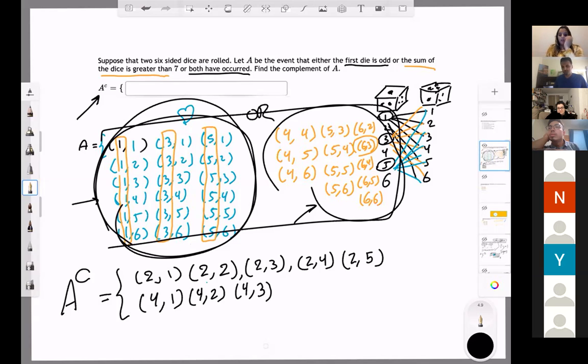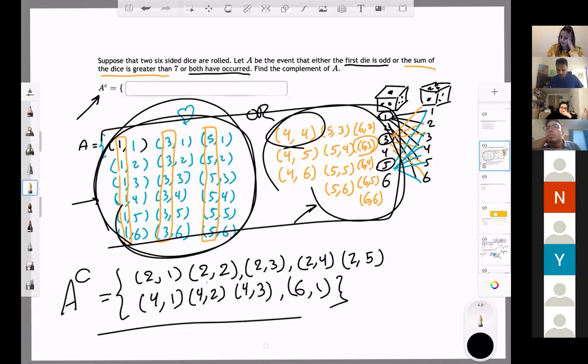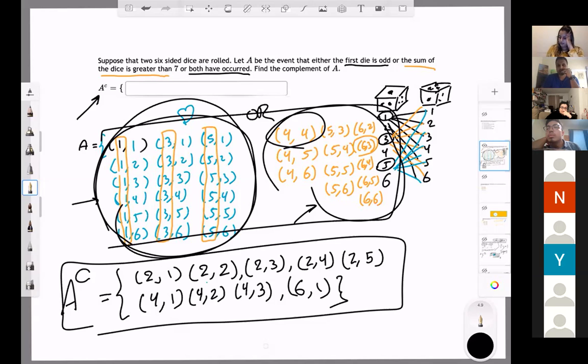Can I say 4, 4? No, 4, 4 is right there. What else can I add? 6, 1. Very nice, 6, 1. So this is a complement of event A.